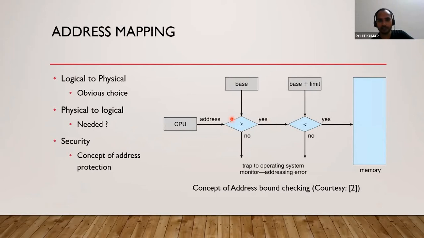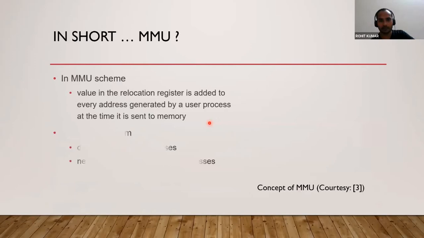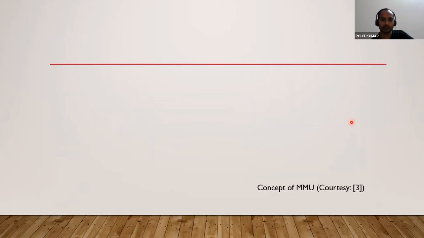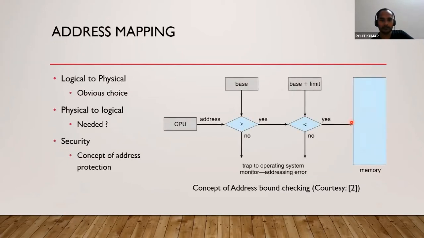Why are we saying this? Because the address that is coming from the CPU is not this address. It is this particular address. Now it is the physical address. So if it is the physical address, then only we are checking these boundary limits.